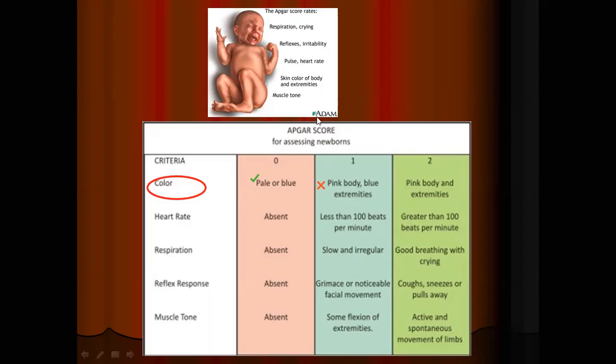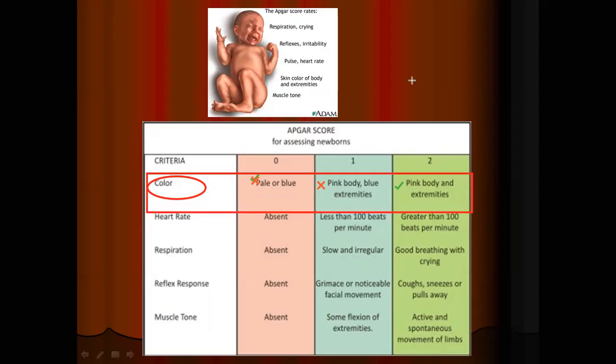If the child's color is completely pink, no cyanosis or acrocyanosis, we are going to give the score as 2. This we check in the concept of color.